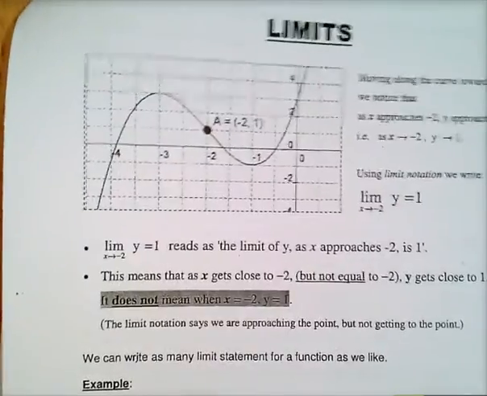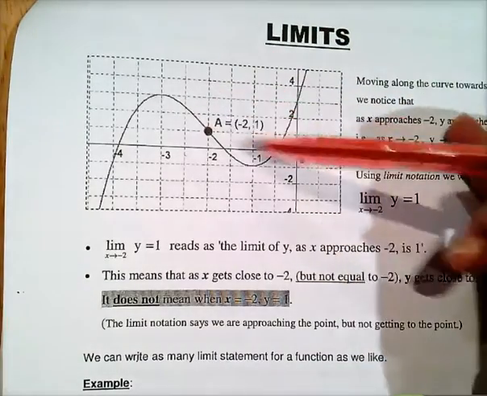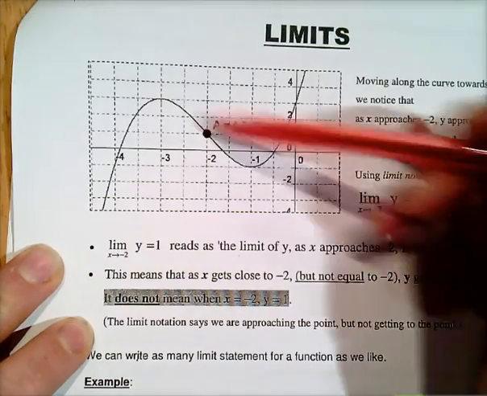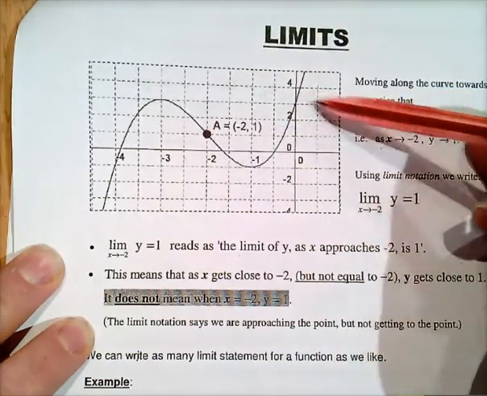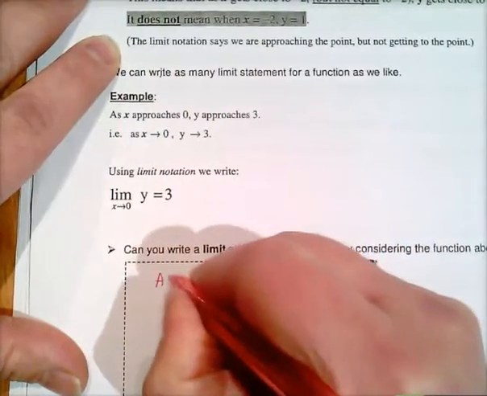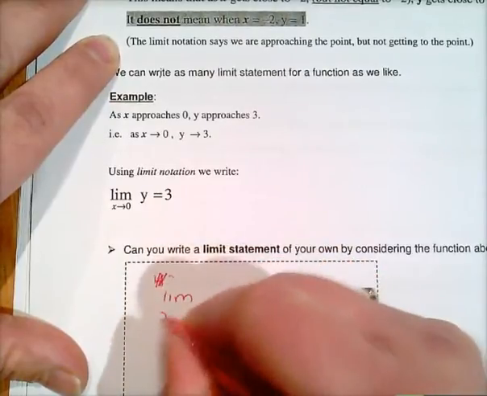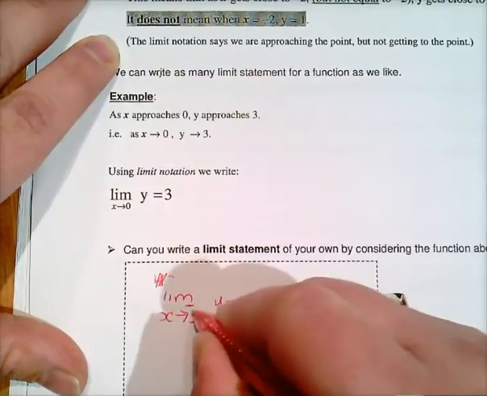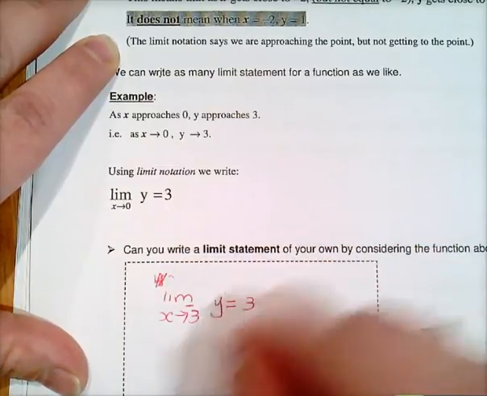We could probably look at, as x approaches negative 3, y looks like it approaches 3. So we can say the limit as x approaches negative 3 is y equals 3.